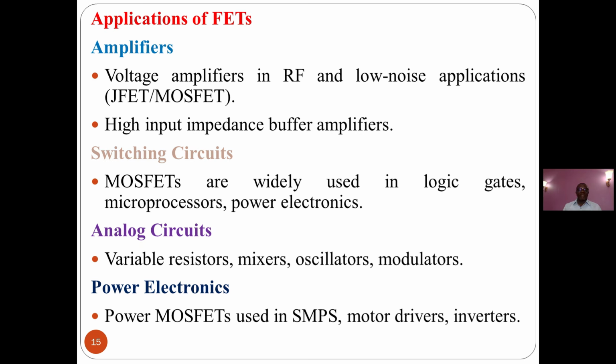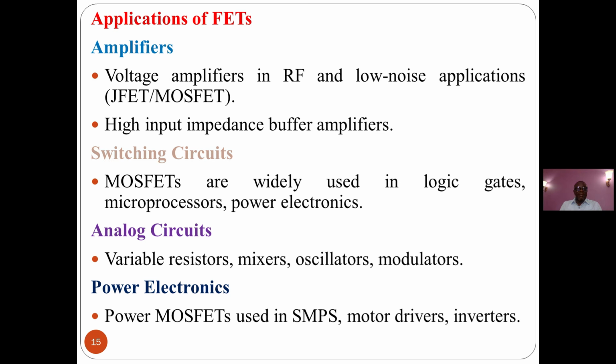So the FETs serve as voltage amplifiers in radio frequency and low noise applications. Junction field effect transistors are used for that. Then they serve as high input impedance buffers, used in amplifiers where such is required.